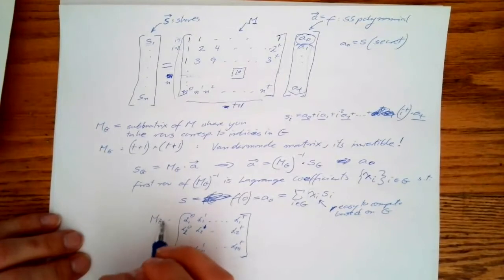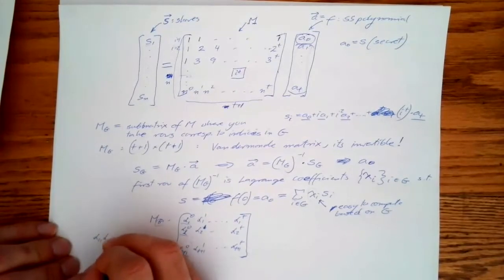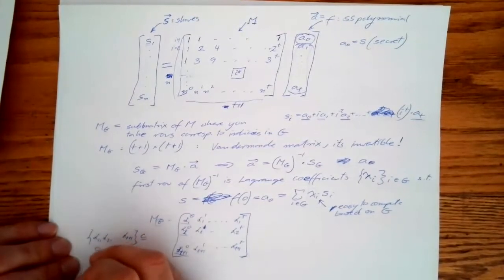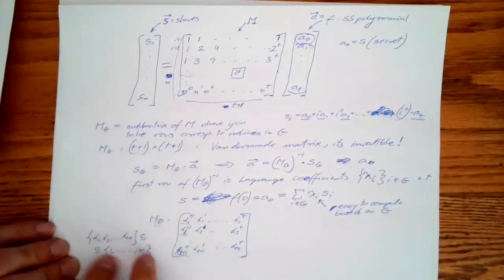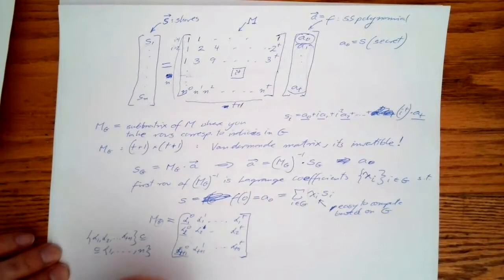Then the second one to the power 0, 1, up to the power t, and so on. The choice of G really is the choice of these things. Alpha 1, alpha 2 is some subset of 1 to n; I just choose t+1 of these indices, and they determine this matrix. For a different choice of G, this set is different, this matrix is different, the inversion of it is different, and the first row of that inversion is different. They're not permutations of one another.